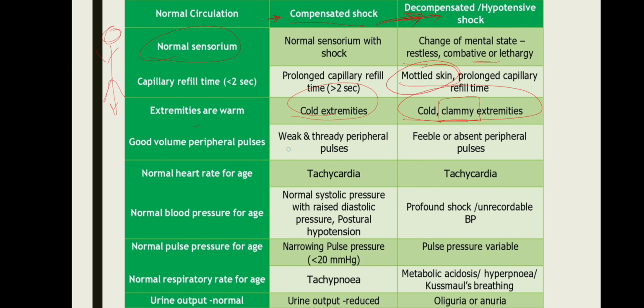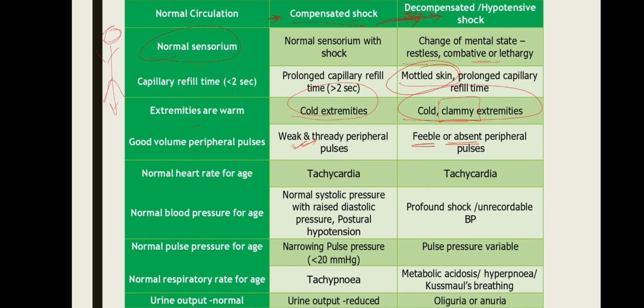And the peripheral pulse for the compensatory shock is weak and thready. But in decompensatory shock, the pulse may be absent or very feeble. So it is very important to always check the pulse. In compensatory shock, the pulse volume is weak and thready, but it is there.